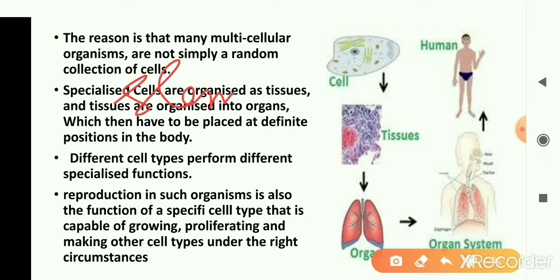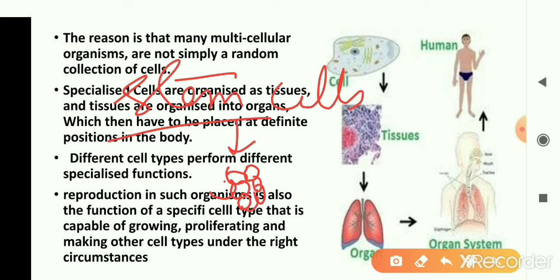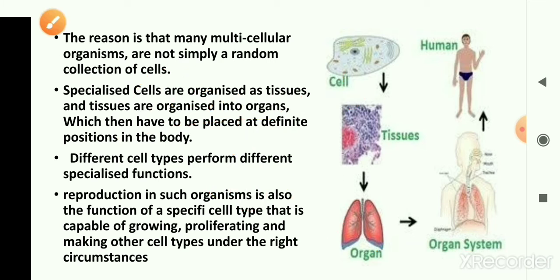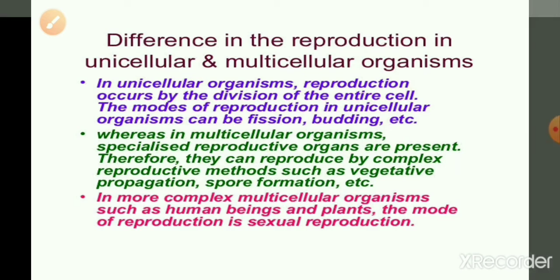These stem cells have a capacity to proliferate, that is, to multiply, and then they make other types of cells which will form a complete individual. So multicellular organisms with a complex body design cannot multiply by simple fragmentation, where the body is formed by just cell to cell division. Cell division is required, differentiation is also required, and then the individual will be formed.